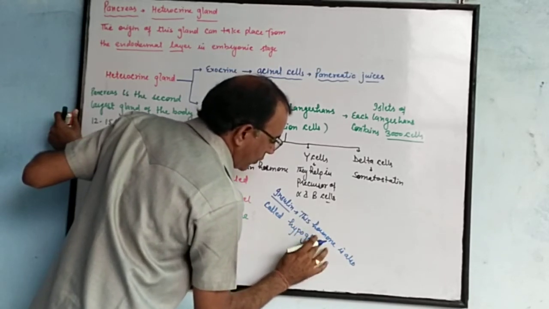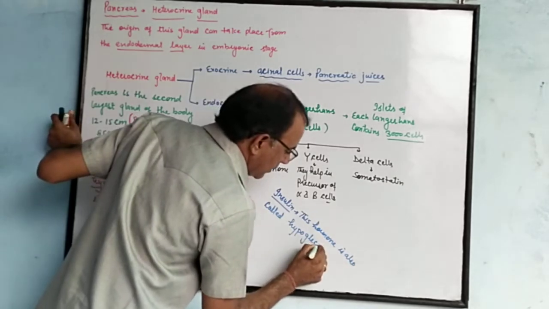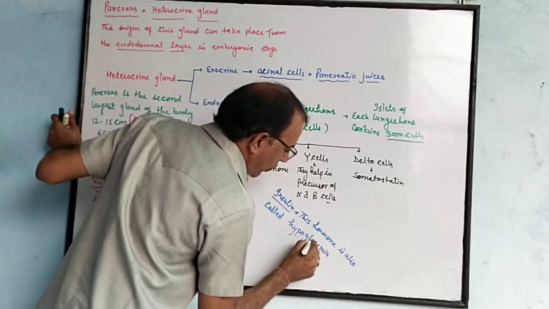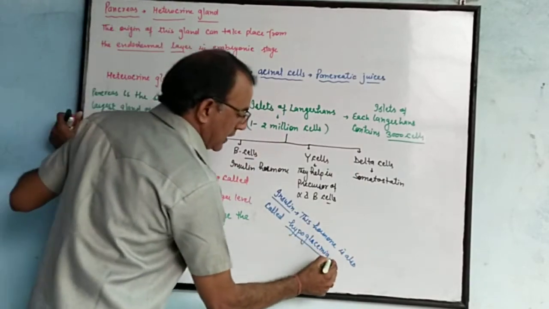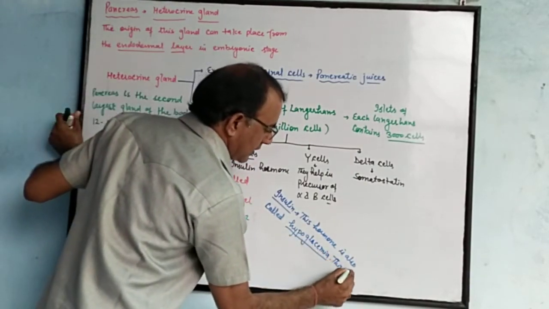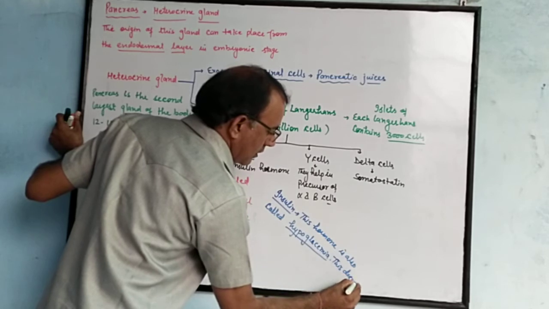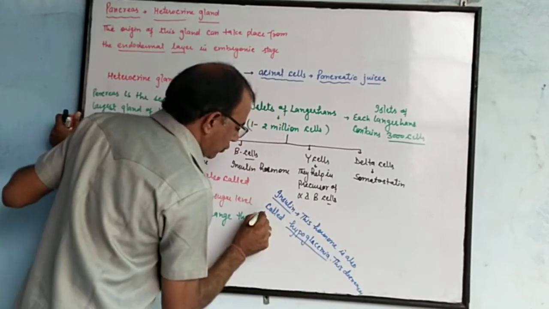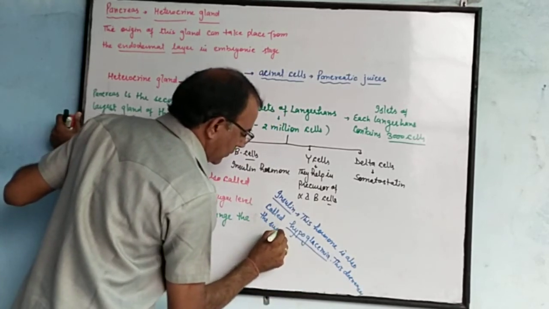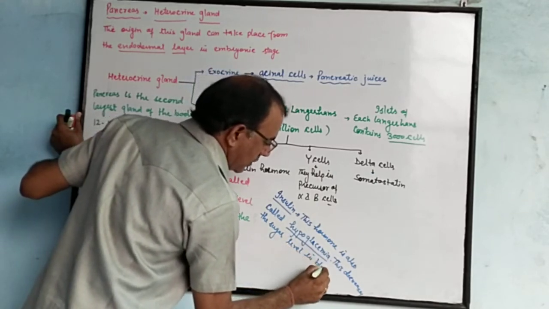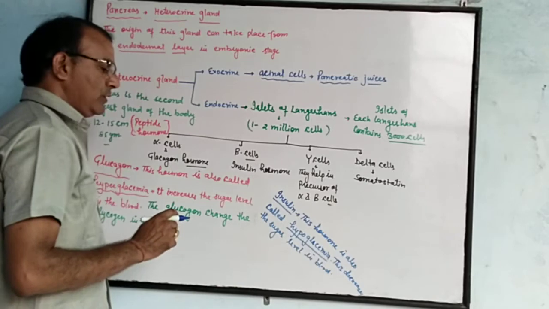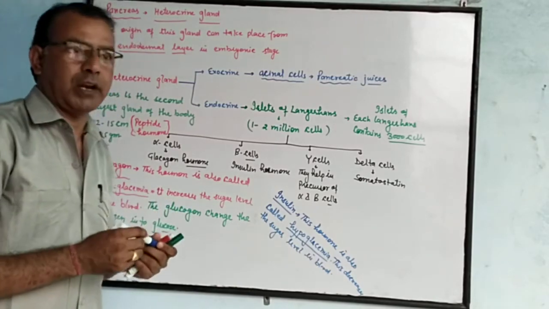What do you mean by hypoglycemia? It means this hormone decreases the sugar level in blood.